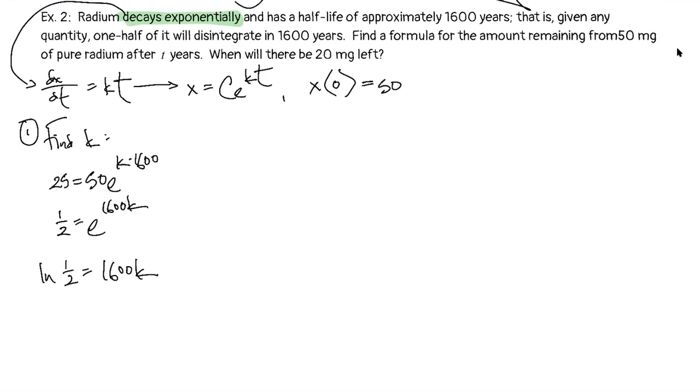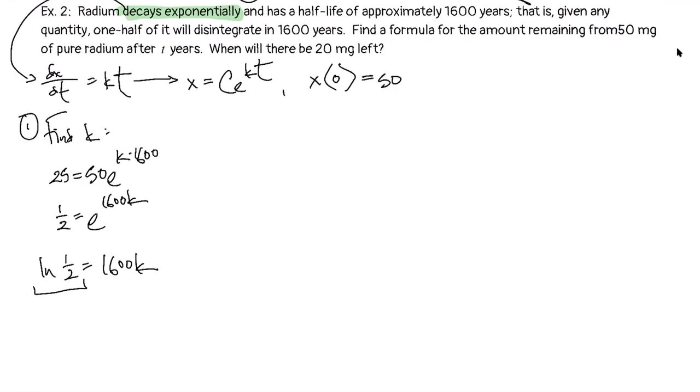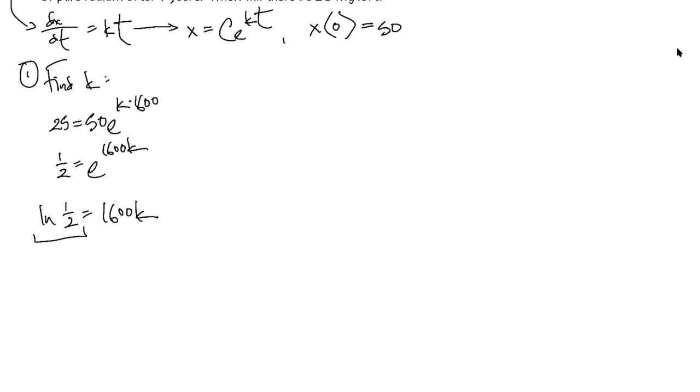There's nothing wrong with saying natural log of 1/2. Okay, there's nothing mathematically wrong with that. Most of the time, though, folks don't write it like that. They write it like negative natural log of 2. Okay. So natural log of 1/2 is the same as negative natural log of 2.